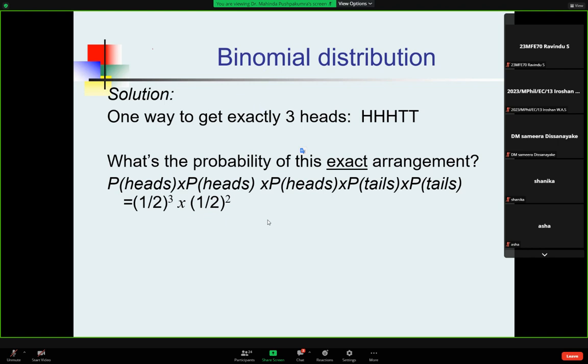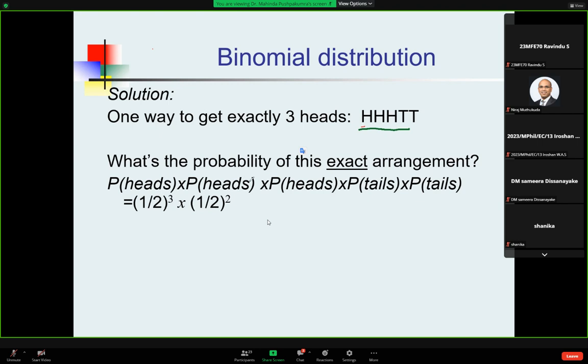Yes, I can see a few answers in the chat box. One says 8 times, one says 10 times. One way to get 3 heads is head, head, head, tail, tail.